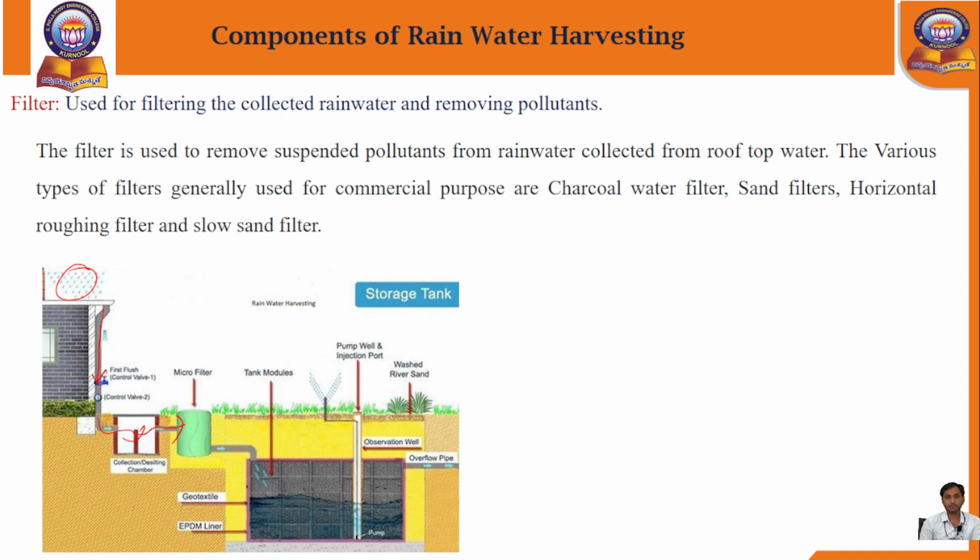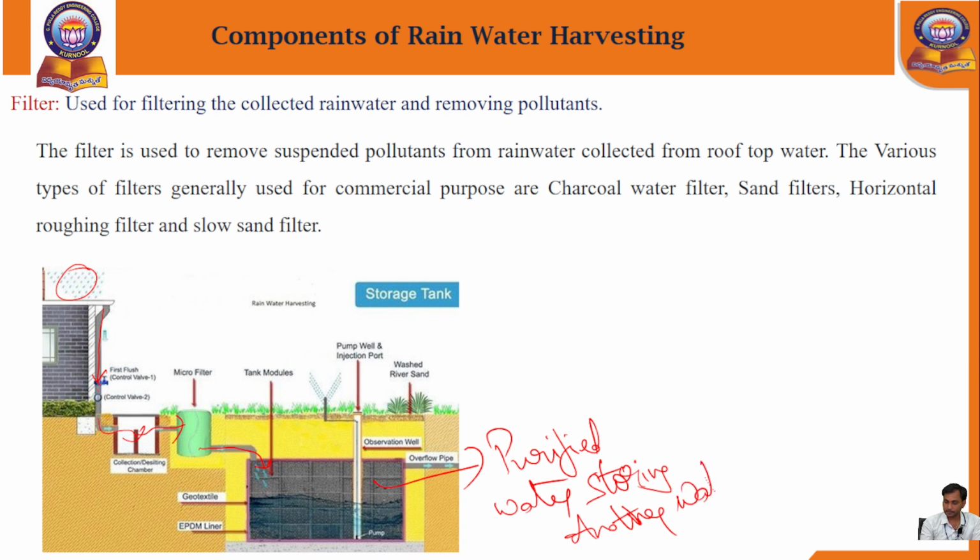After the filtration process, the water again comes and is stored in another secondary tank. This is the purified water, stored in another water tank.